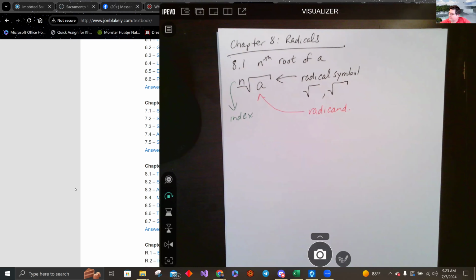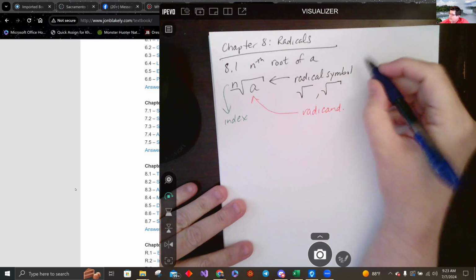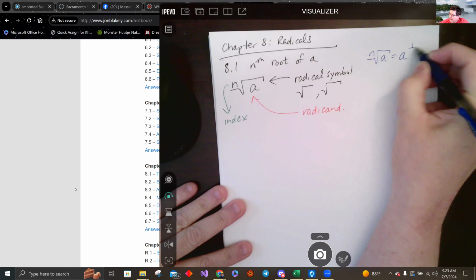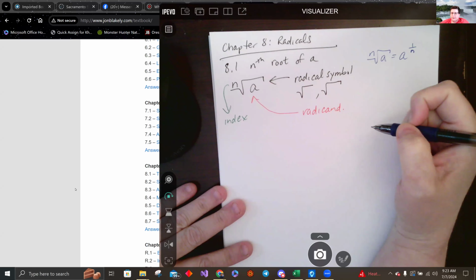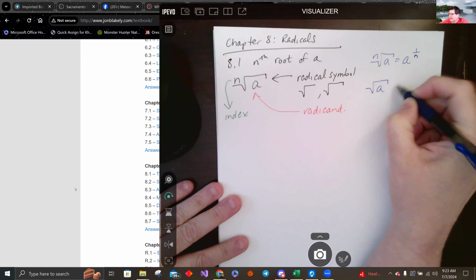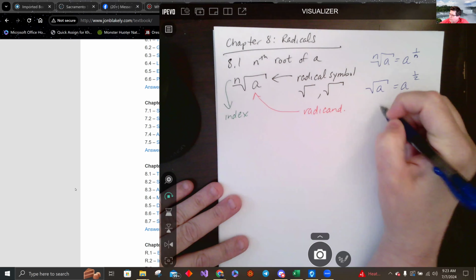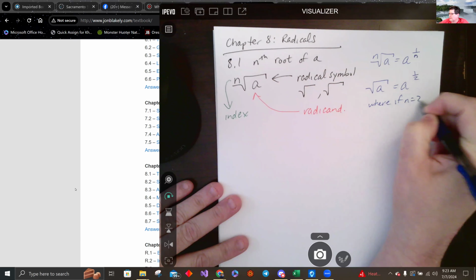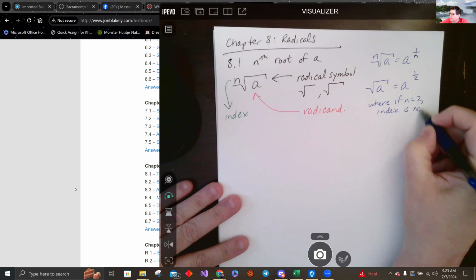We have the nth root of A equals A to the 1 over N. When we just have a square root of A, it is A to the 1/2, where if N equals 2, the index is invisible or not shown.